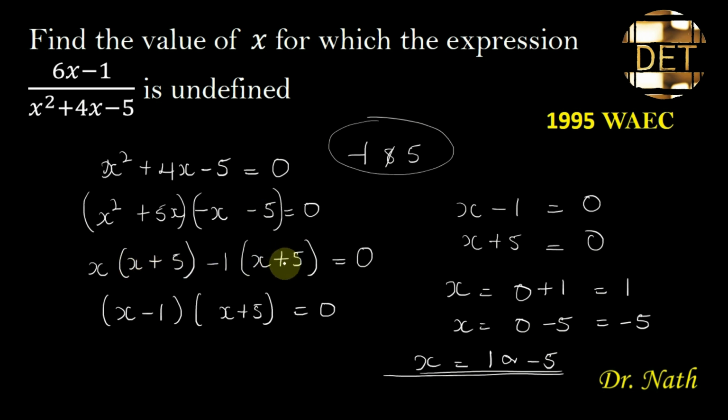Nothing must change. They must be the same, 100%. So minus 1 times x will give us minus x. Minus 1 times plus 5 will give us minus 5, because minus times plus will give us minus. Everything equal to 0.